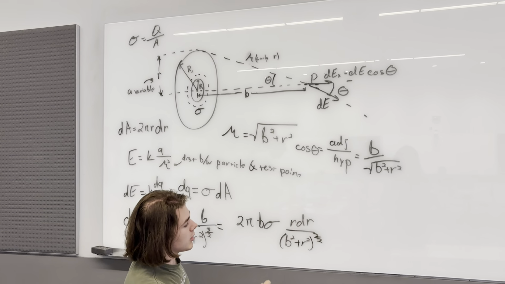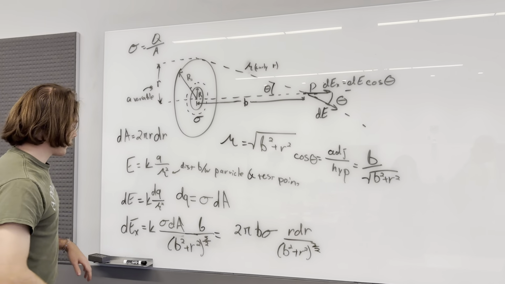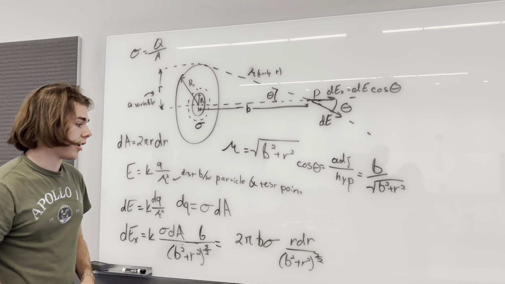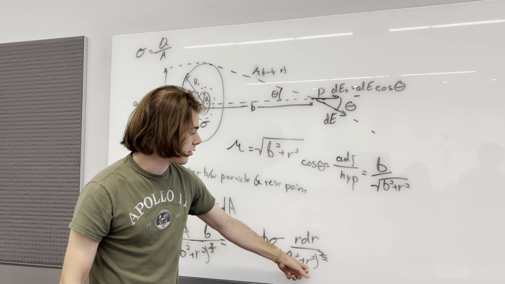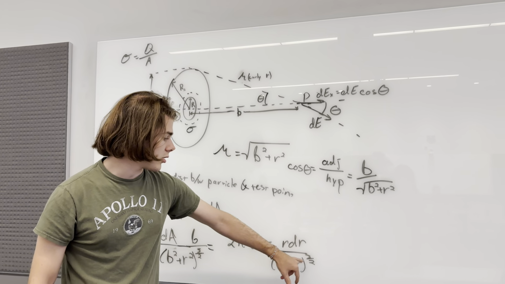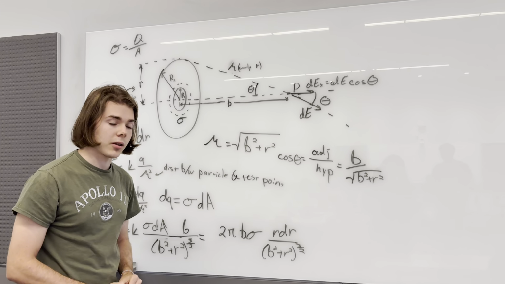And that is going to be what we can integrate. So then we can perform our integral and it'll solve out. And here you do u sub, and you'll get that r's change, and then you can just integrate u to the negative 3 halves.